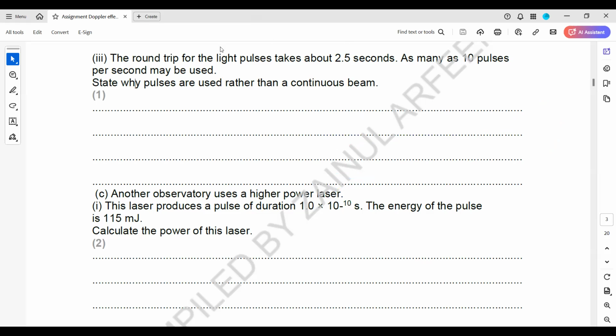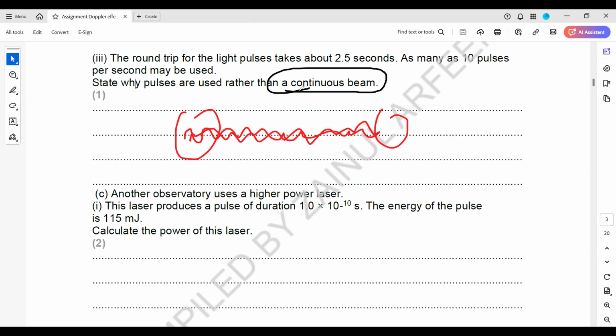Why are we not sending a continuous wave? If we send a continuous wave, we cannot distinguish between the pulse which is sent and the pulse which is received. So that's why we use a small pulse, so that one can be sent and received, and then we send another one.